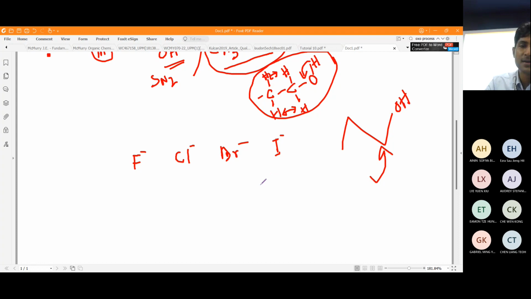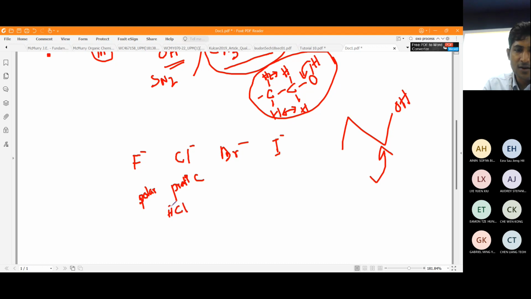So SN1 type of reaction will be favored if I am adding polar protic solvent in this case, right? So polar protic solvent, okay?